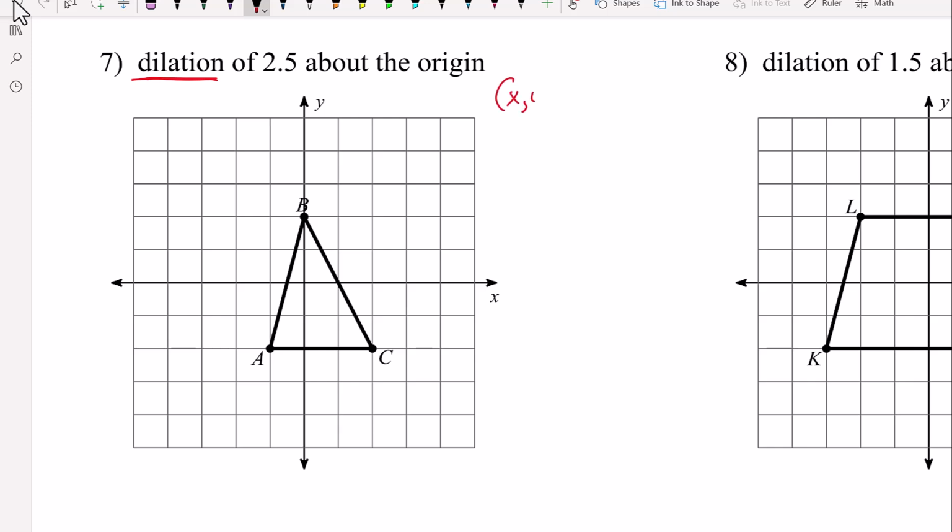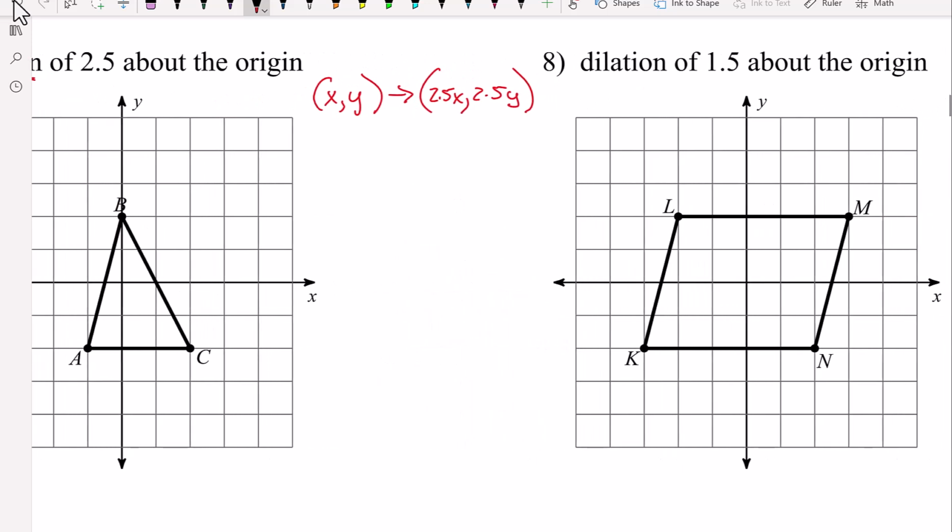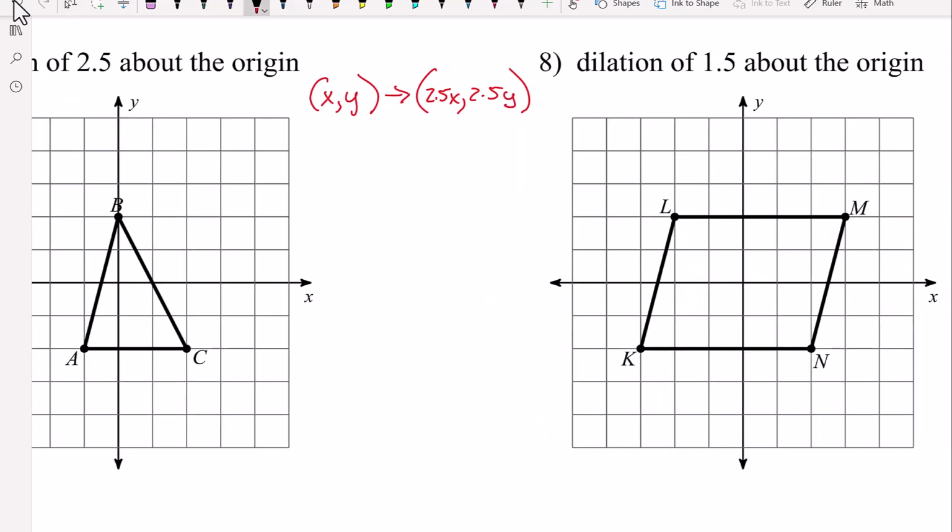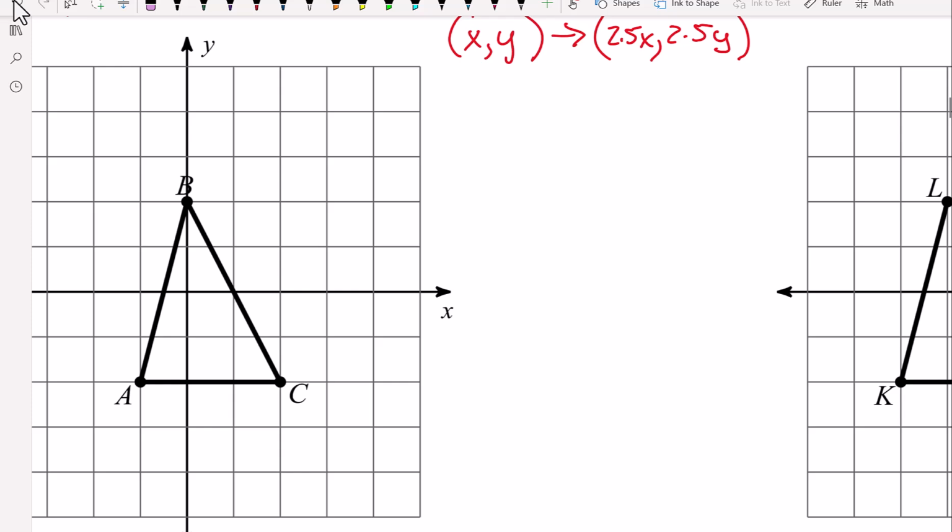So if here's your regular xy, then you just multiply 2.5 times each x, and 2.5 times every y. So every single time. So if it were shrinking, then you'd use a fraction or a smaller factor instead.